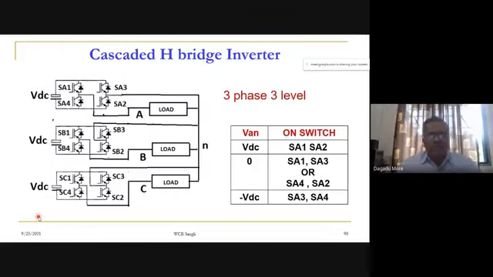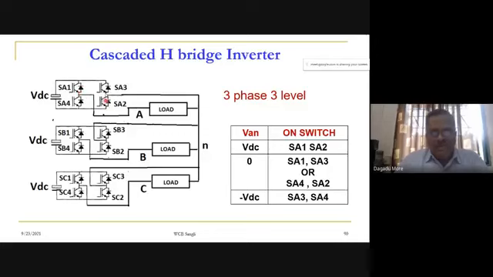And the third topology, what we discussed yesterday, was the cascaded H bridge multi-level inverter. Our H bridge is nothing but a full bridge inverter, a single phase full bridge inverter consisting of 4 devices. That single phase full bridge inverter is another name called the H bridge.